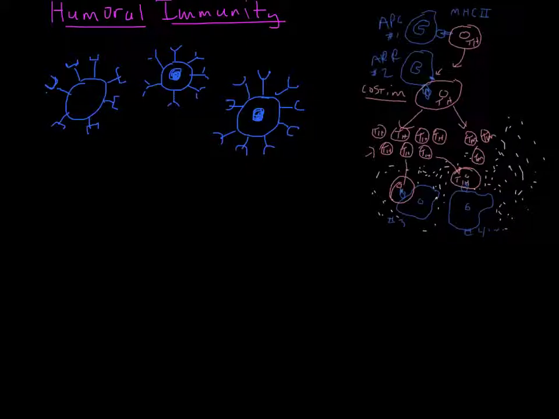So the receptor sites between these three B lymphocytes that I drew are a little bit different. These are kind of a U shape, these are a V shape, and these are kind of a rectangular shape. That's just to depict the very different specific antigens that each B lymphocyte is going to be receptive to.